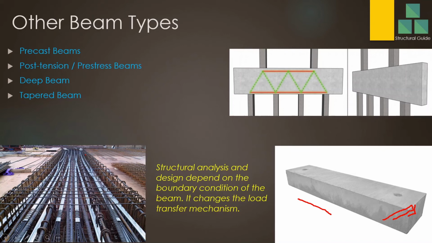Then post tension and pre-stress beams. In this figure, you can see a post tension beam. In post tension beams, you place the tendons according to your design requirement. Then you pour the concrete. Once the concrete has hardened and gets strength beyond the transfer level, we can do the stressing.